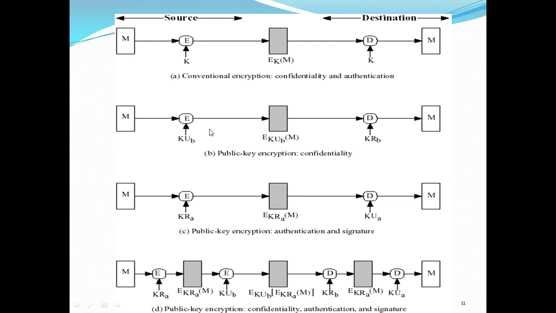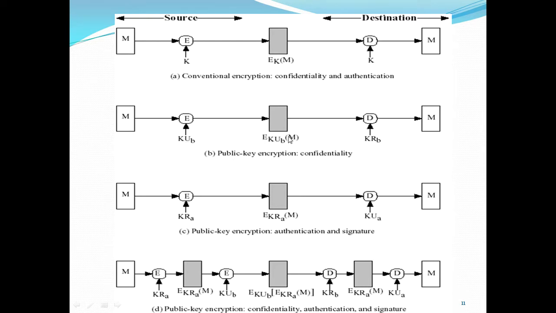Here, the sender uses the public key. KU means the public key of user B, and user B is this side. They send the encrypted data to the destination. The receiver has his or her own key, like a private key. The private key is secret and confidential, kept by the user only, so it is not publicized. But the public key is known to everyone.